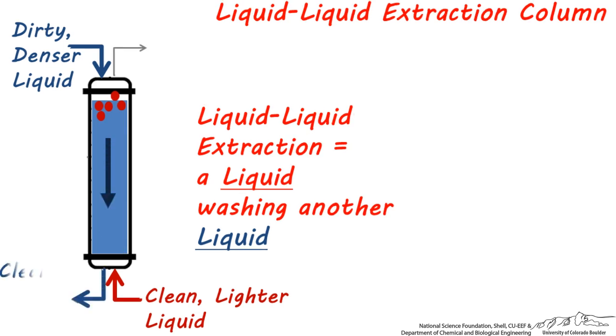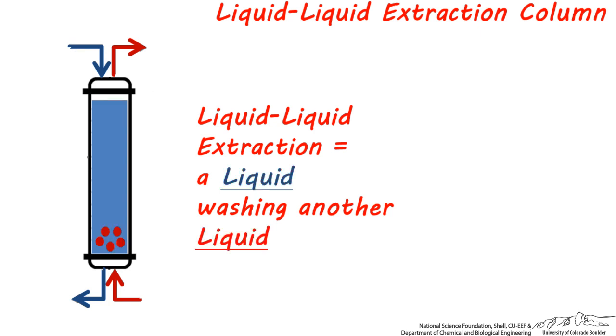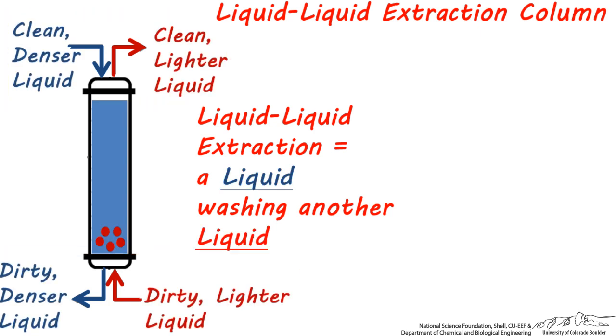The process fluid exits the column, and the spent liquid solvent must be further separated or disposed. Notice this setup shows the heavier liquid initially having the contaminant and it's being washed by the lighter liquid. But it's just as common to have the heavier liquid as the solvent and the lighter liquid initially with the contaminant. Common liquids used as solvents in liquid-liquid extraction include water and hexane.